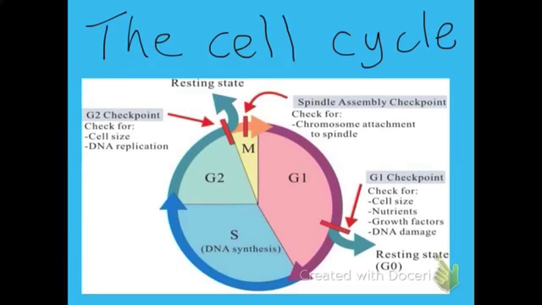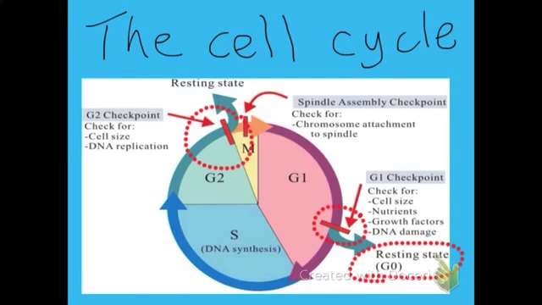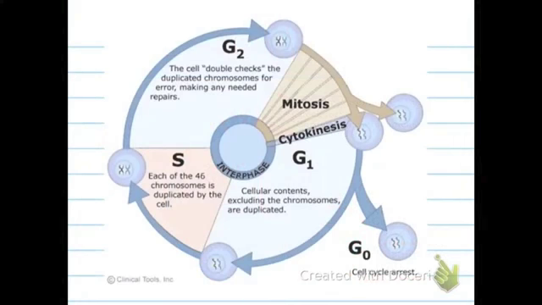Notice the cell cycle has two checkpoints as well as a resting phase. Study this diagram carefully. It shows all the stages of the cell cycle, and it includes this G0 phase where cells can step out and rest.